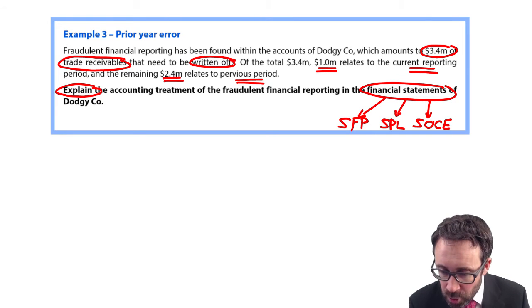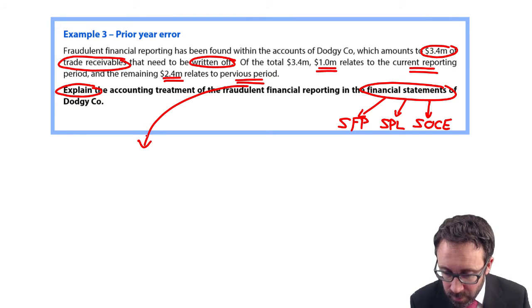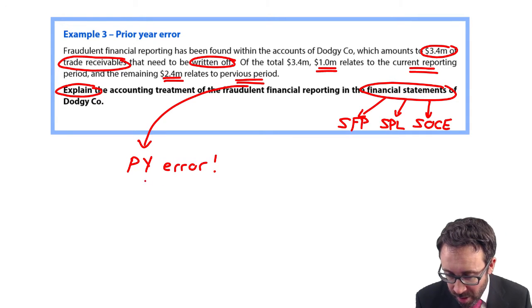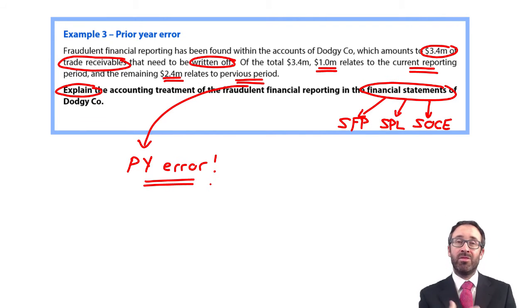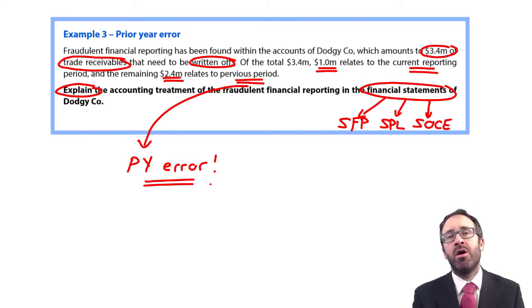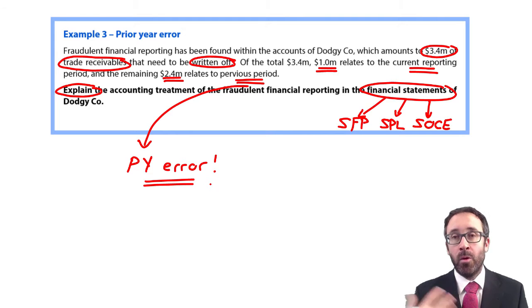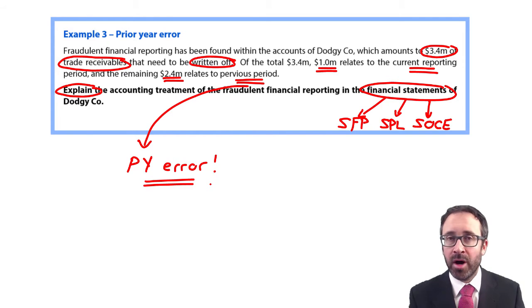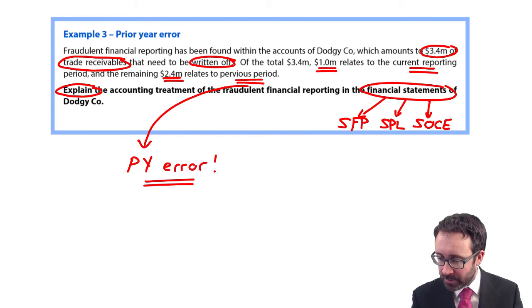So this 2.4 from the previous period, that's the prior year error, and that is what will need to be adjusted retrospectively. The 1 million in relation to the current period just gets adjusted this year through the statement of profit or loss. The prior year error is adjusted through your retained earnings brought forward within the statement of changes in equity.